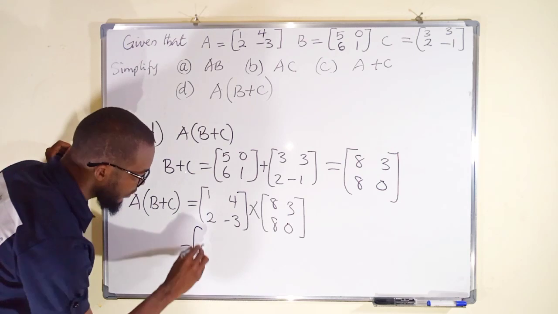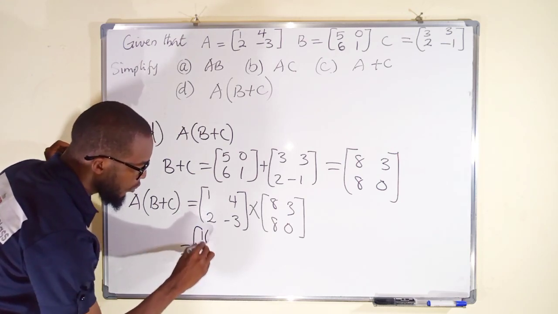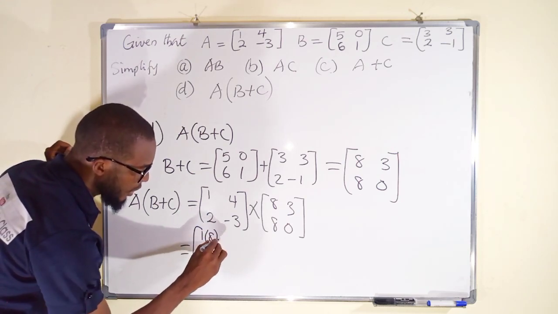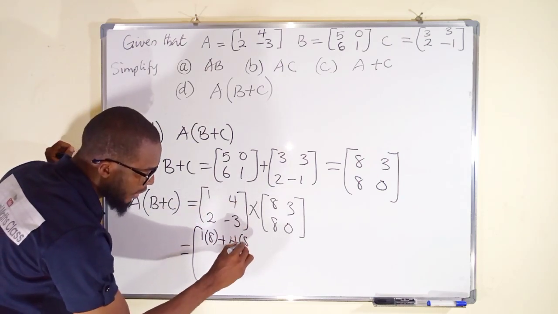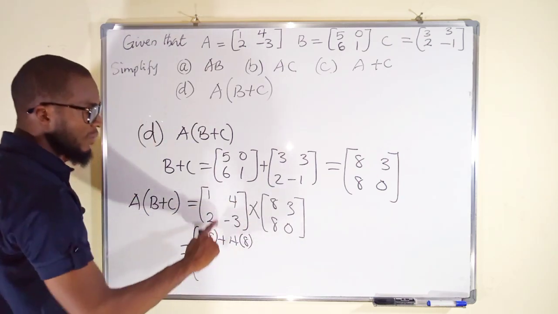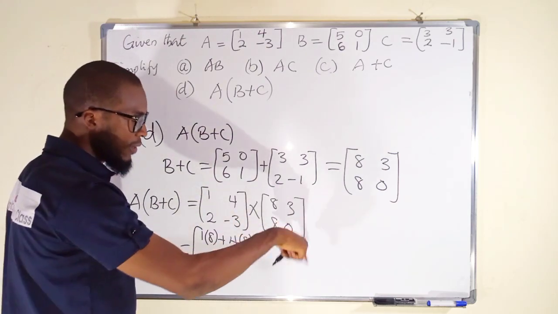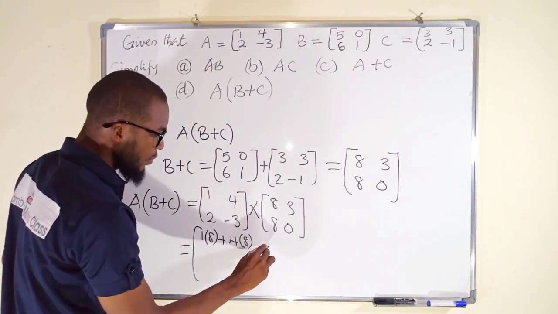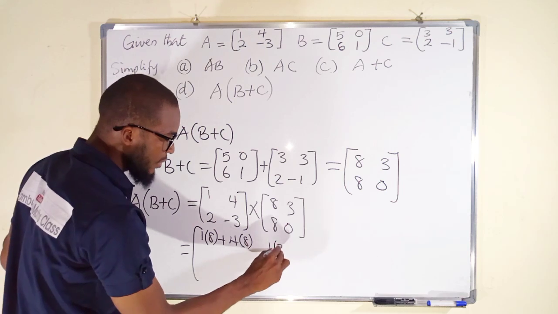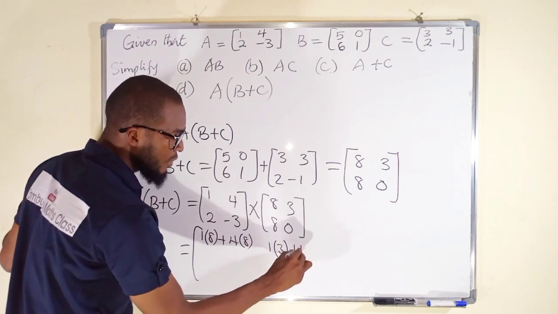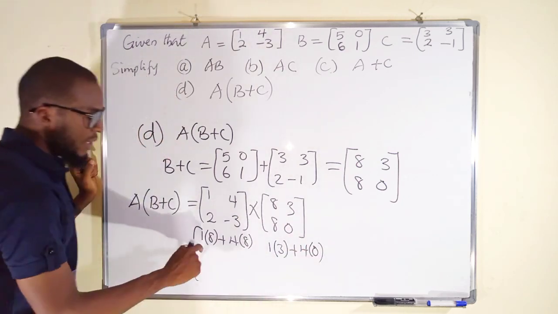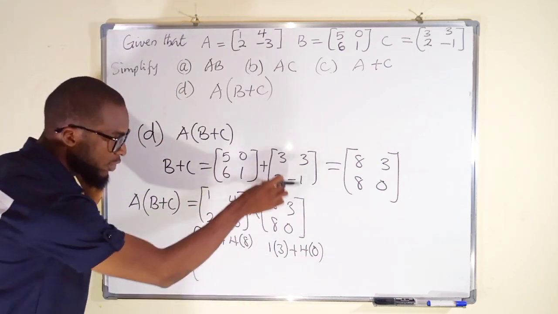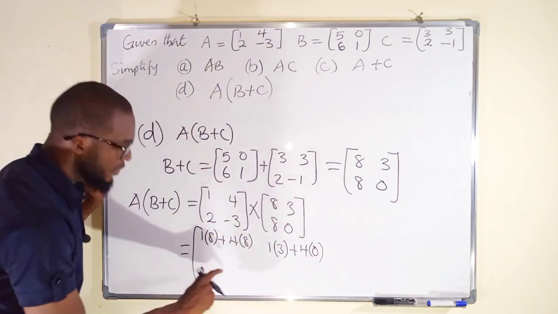We have 1 multiplied by 8. We add, we take 4, we multiply by 8. We take the same row, multiply by the second column. We have 1 multiplied by 3. You add, you take 4, you multiply by 0. Coming down here, you take the second row, you multiply by each of these columns.